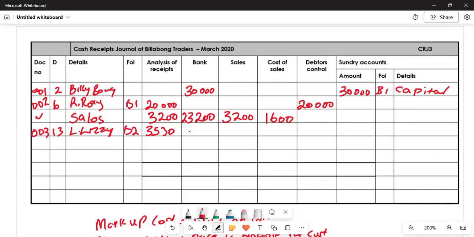And then it is going to go straight into our bank, 3,530. And then we received it from our debtor Lisi, 3,530. That is that. So now we are moving on again to our transactions.